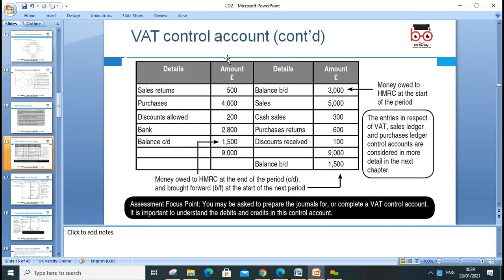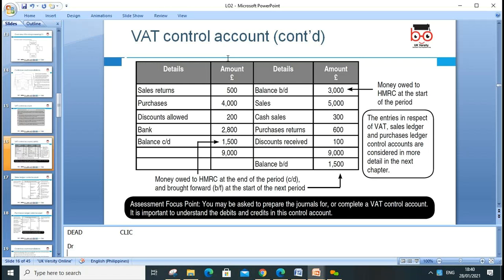I did sales and people returned their goods to me. The VAT was 500. That's my debit side, since returns go on the debit side. We discussed the debit and credit rule in one of the lessons.